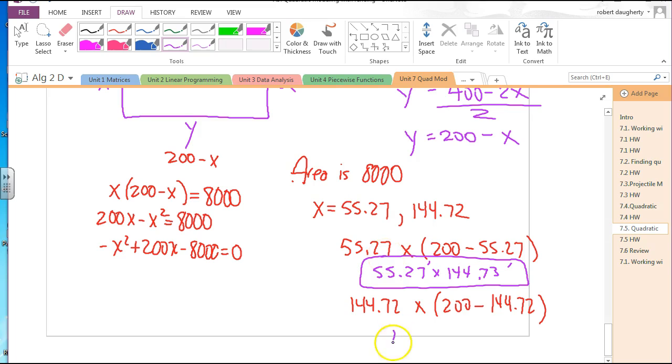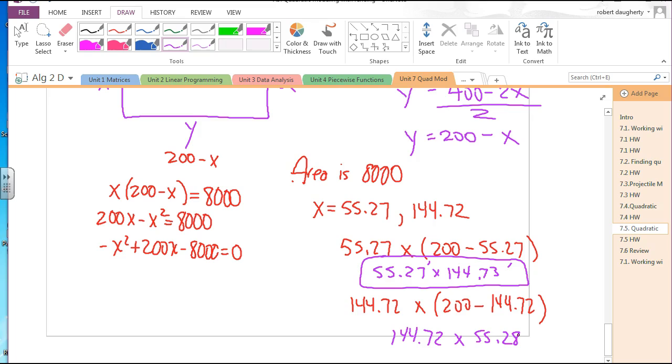And then the other choice would be 144.72 by what? Come on, guys. What's 200 minus 144.72? 55.28.